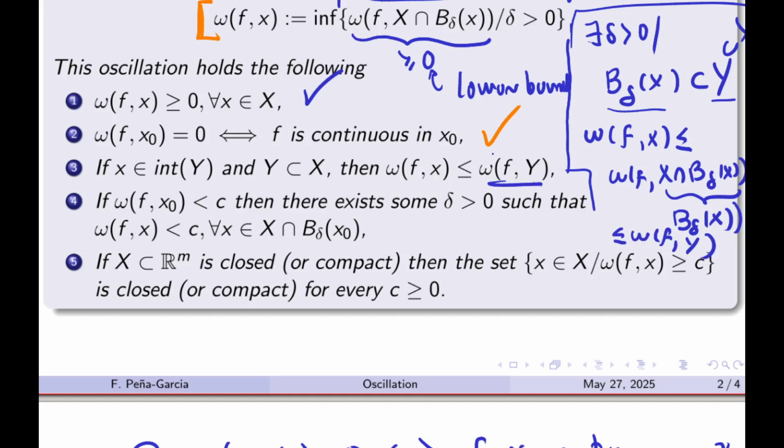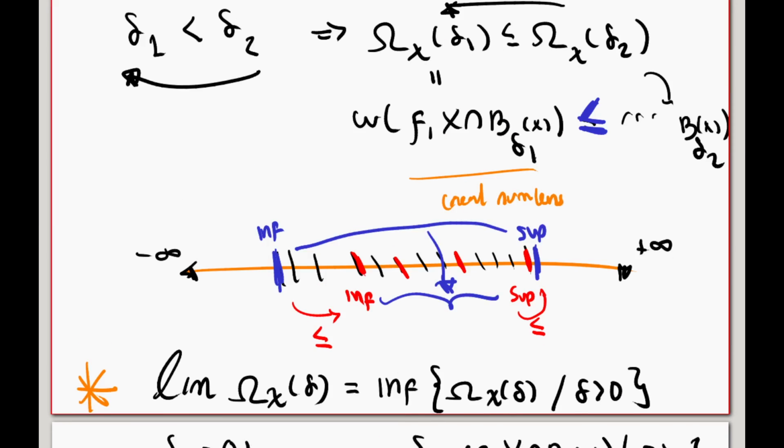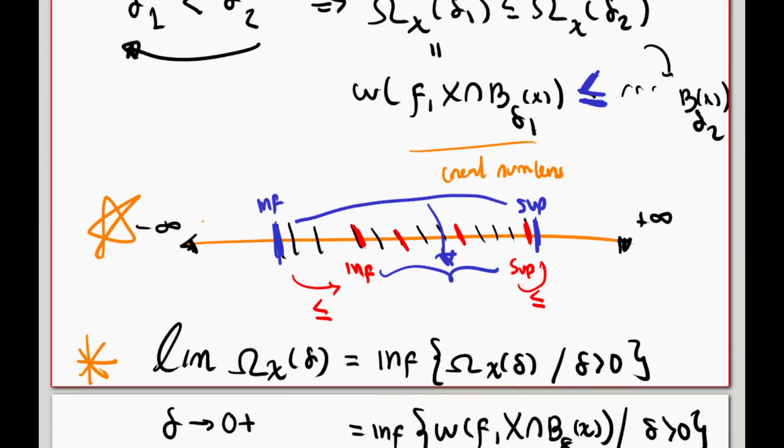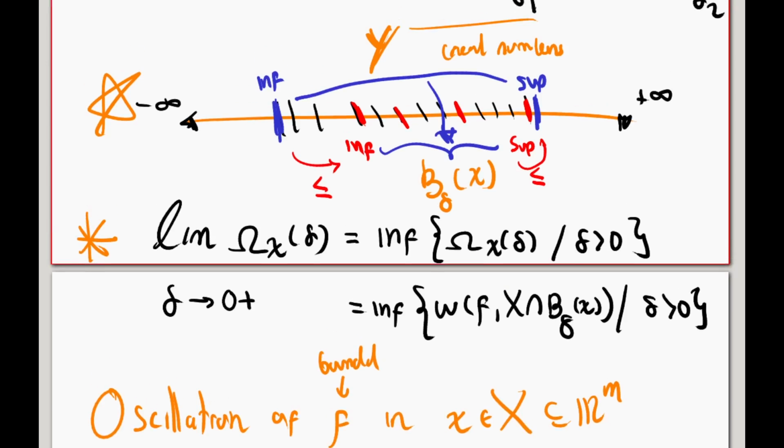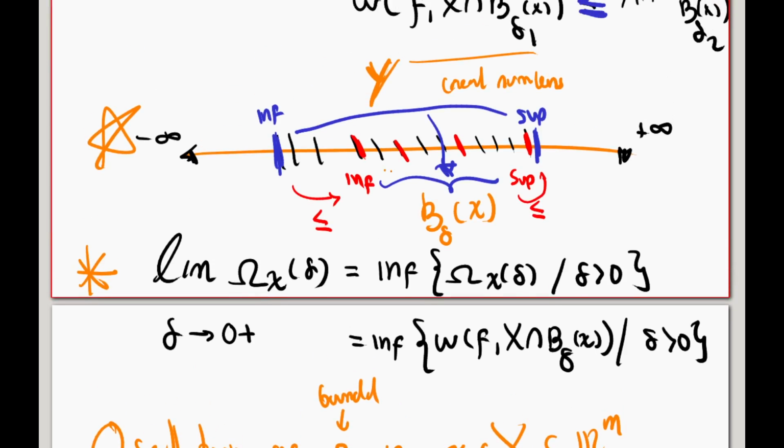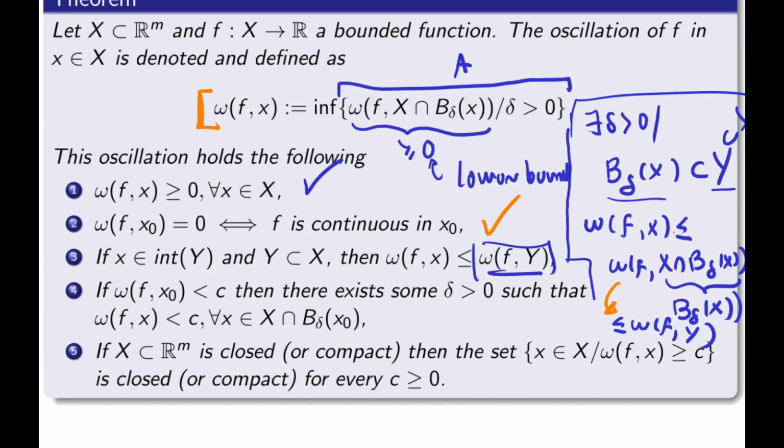And the reason for this inequality is, you know, what I told you previously, this property of real numbers here. So y is this bigger set, and this ball here is the smaller set. So the oscillation shall naturally be smaller here than on the whole bigger set. So yeah, that proves the third property.